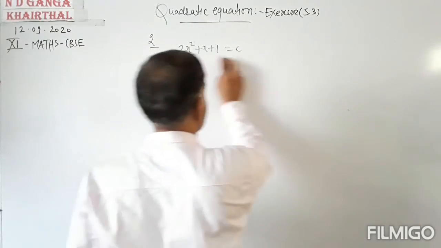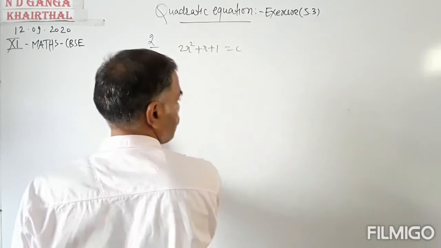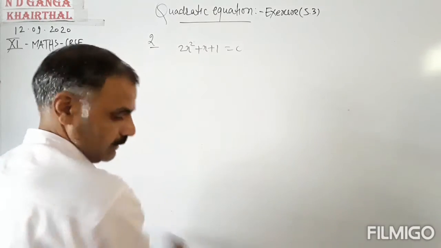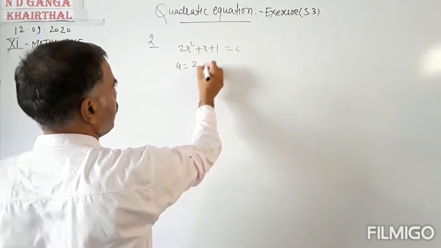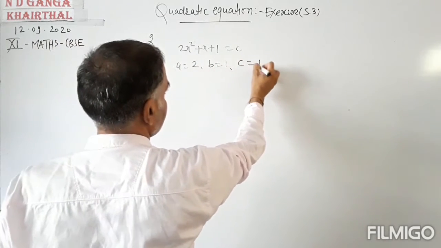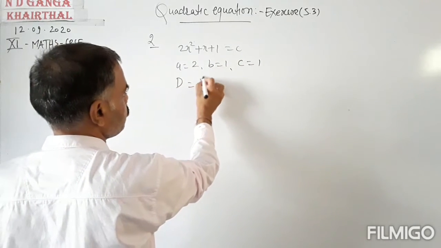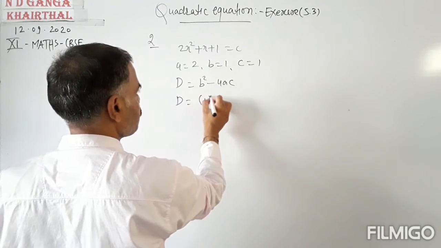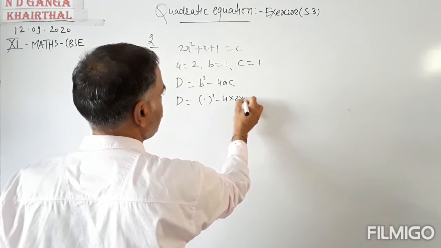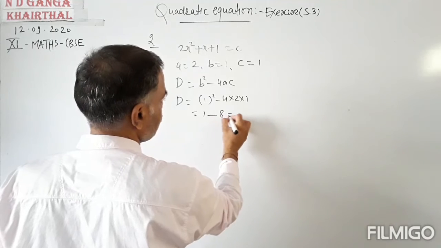So first of all we will solve this simple quadratic equation. In 2x square plus x plus 1, a is equal to 2, b is equal to 1 and c is equal to 1, so d is equal to b square minus 4ac. D is equal to 1 square minus 4 into 2 into 1, so 1 minus 8 equals minus 7.